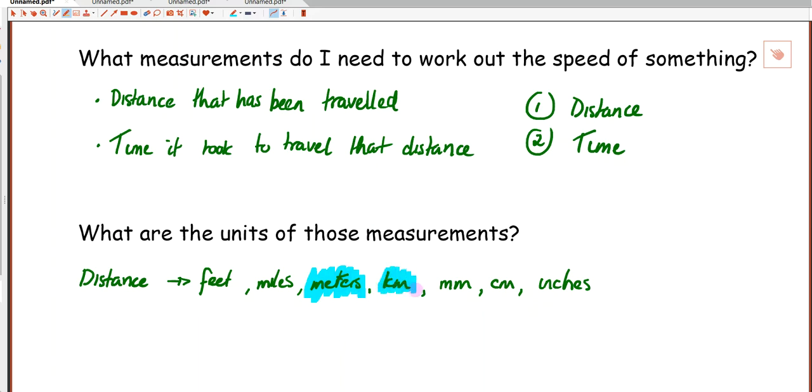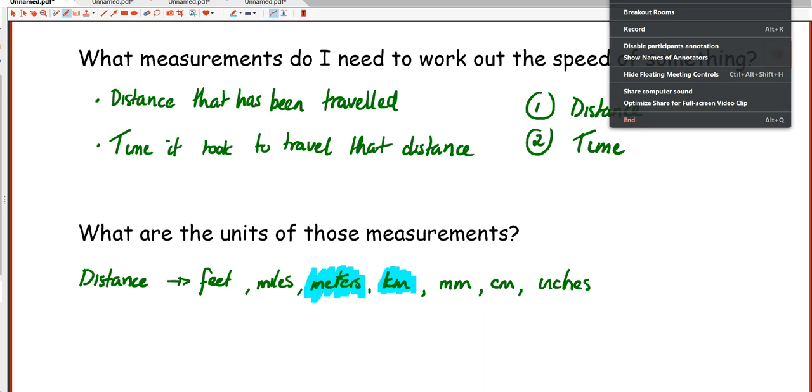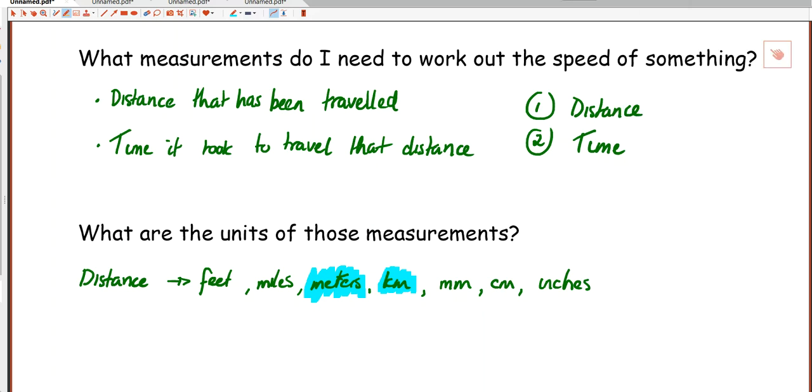So we've got kilometers. Anyone know how many meters in a kilometer? Is it a lot or not a lot? It's a lot, isn't it? Yeah. There are lots of meters in 1 kilometer.